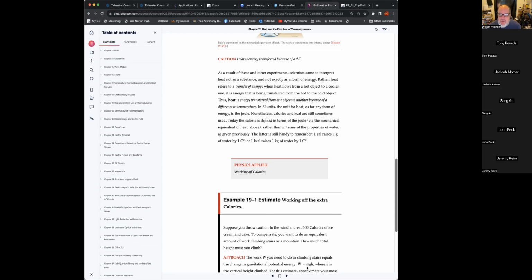And then you could say, oh, well, that all came from the kinetic energy of the bullet and the compressing and all that stuff. So you could say 1/2 mv squared for the bullet is equal to mc delta t for all the different parts of the tree and the bullet that got heated from being shot into the tree. That's another example of how mechanical energy can be transferred into this caloric.